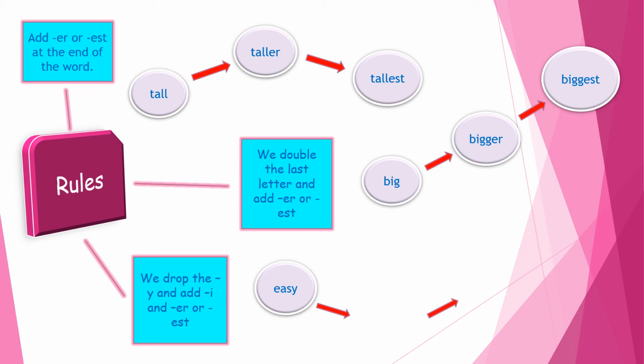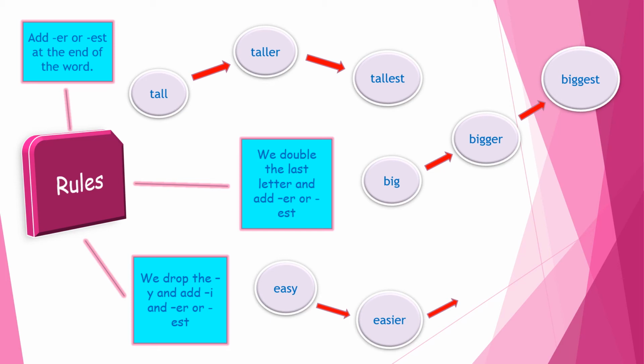So the rule says that I have to remove Y, and if I want to make it into a comparative degree, which means if I want to compare it between two things or two people or two animals, I add IER to it, which makes it easier.